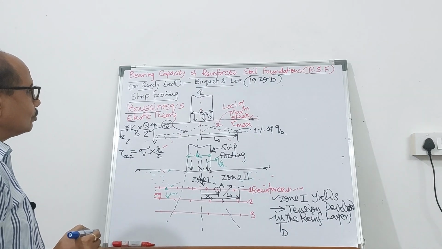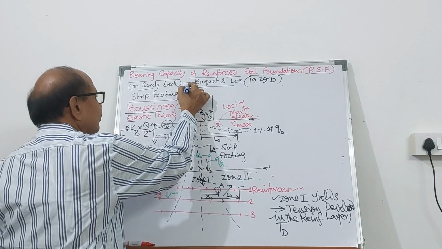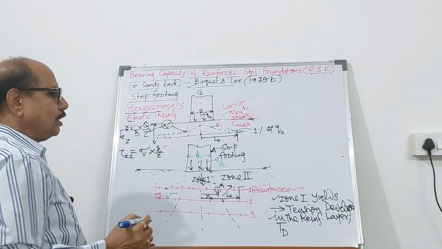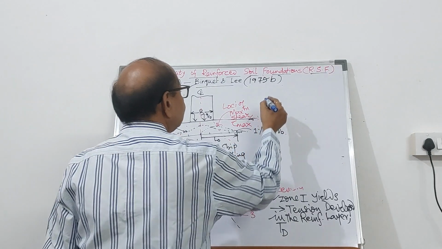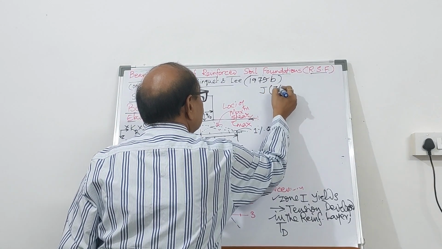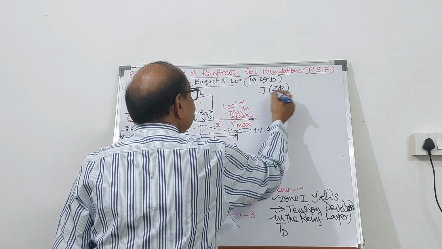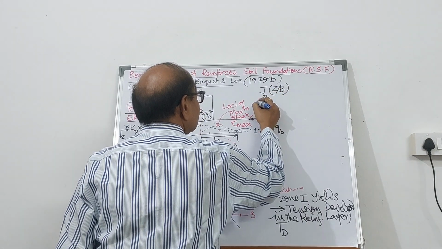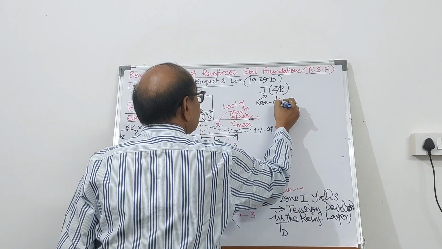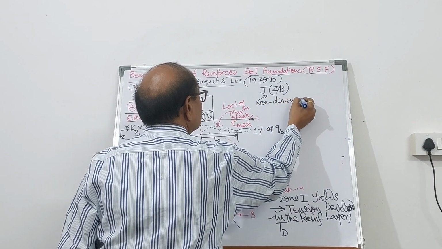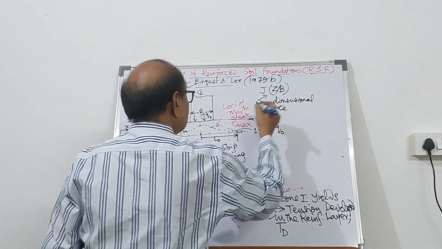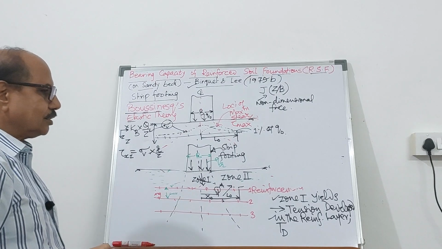And now in the analysis given by Binkett and Lee, he has talked about I and J. J, Z by B, is a non-dimensional force. It is dimensionless. Zone 1 contributes this.